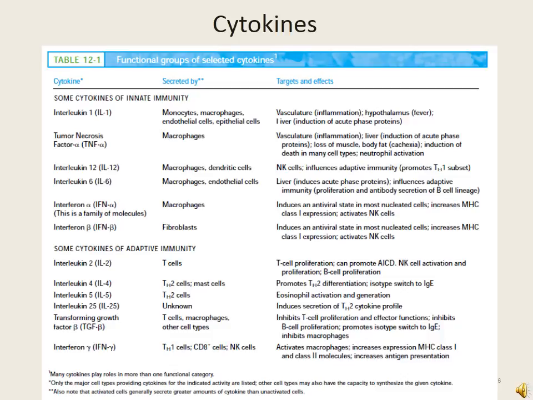Actually, interleukin 2 represents both Th1 and Th2 because it is the growth factor for T cells. So the major signature of Th1 is interferon gamma, the lower line, okay? And for the Th2 cytokine signature, that is IL-4 or interleukin 4.